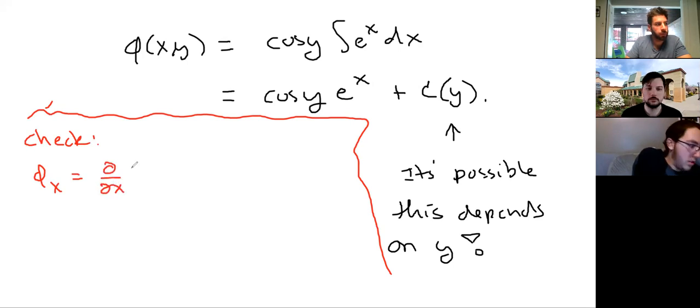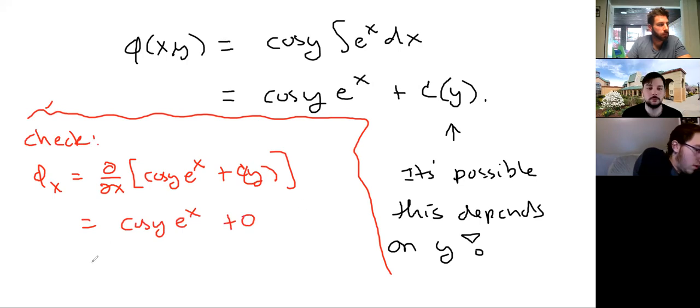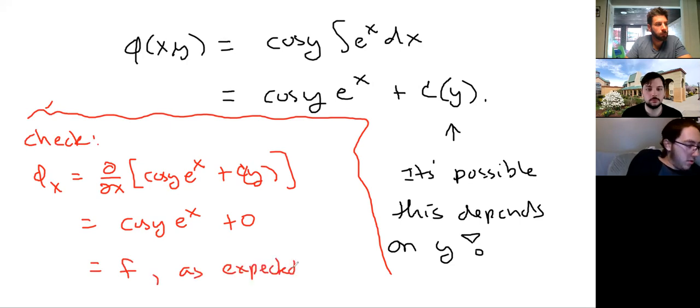That's the partial with respect to x of cos y e to the x plus c of y. Well, this just becomes cos y e to the x plus 0, which of course is just f, as expected. Again, it might take a moment for you to understand why I have this c of y here.